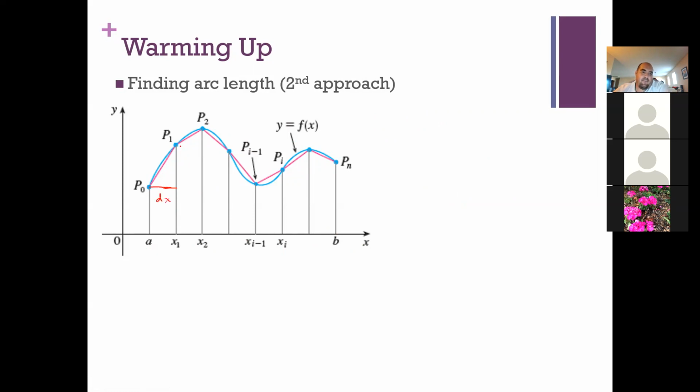But if I'm going to represent arc length as accurately as possible, then I need to be worrying about this change in y as well. So I'm going to have some change in x and some change in y. And then that small change in x and that small change in y, I can use those two pieces to get this ds here.